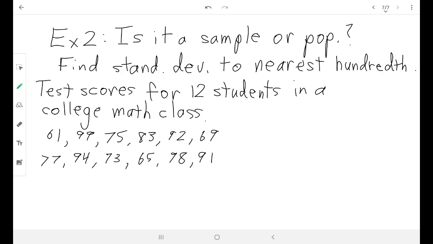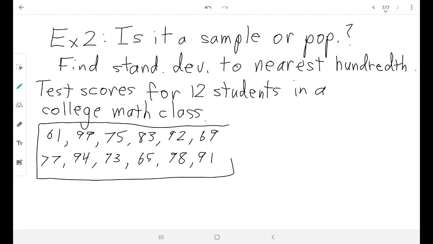And the question then is, is this a sample or a population? That's our first question for this data.